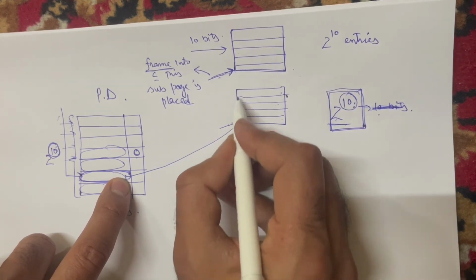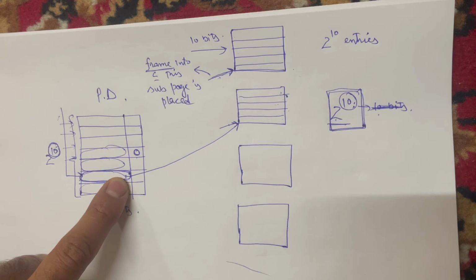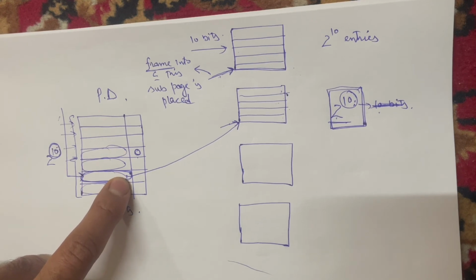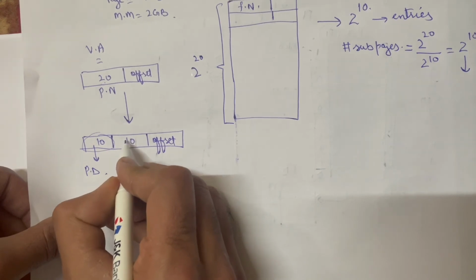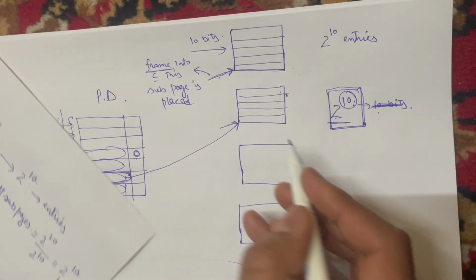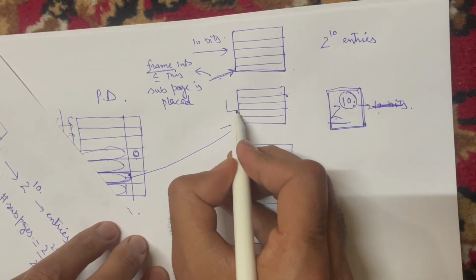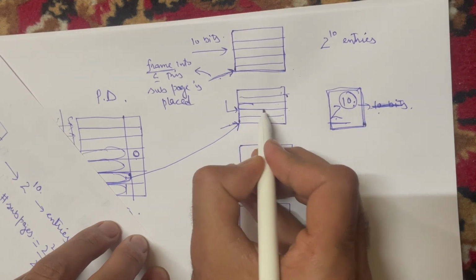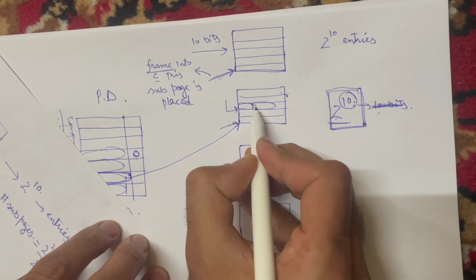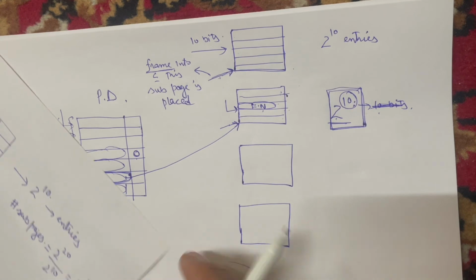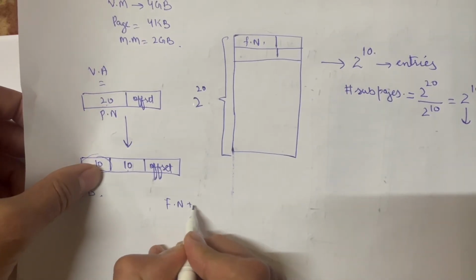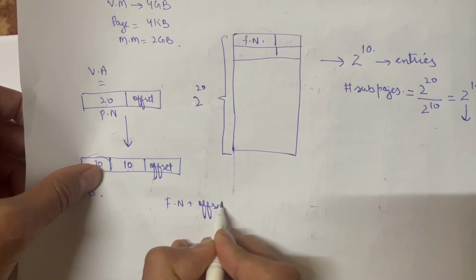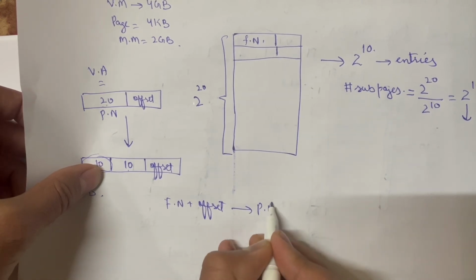Which entry to access among these is given by the next 10 bits. Using these next 10 bits I will access this sub page, and from here I will get the actual frame number. To this frame number I will add the offset, and it will be my physical address.